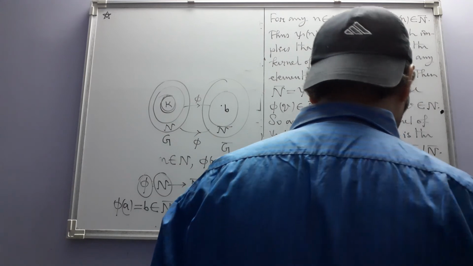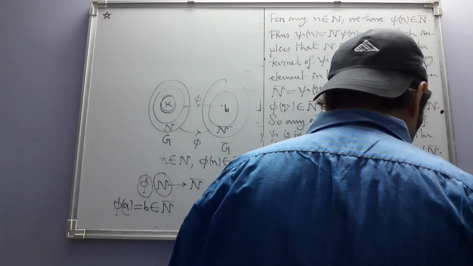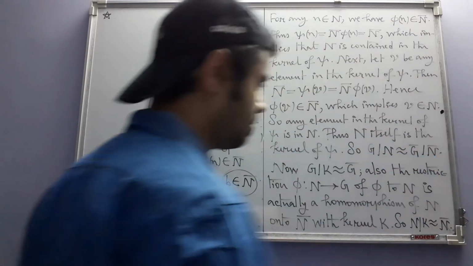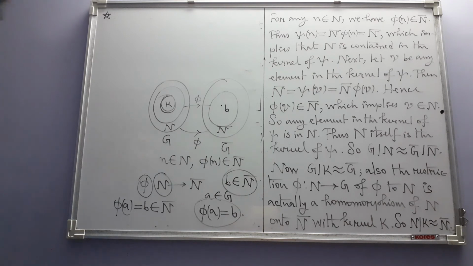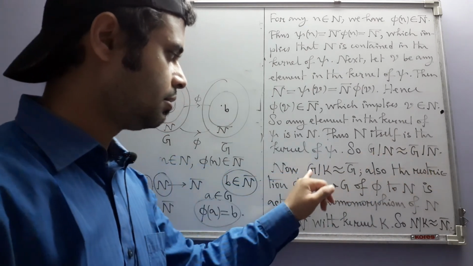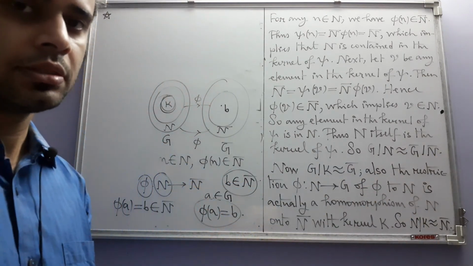So because of that, what can we write? N by K is isomorphic to N bar. Now what you do, you just replace this G bar here by G by K and N bar here by N by K because they are isomorphic.